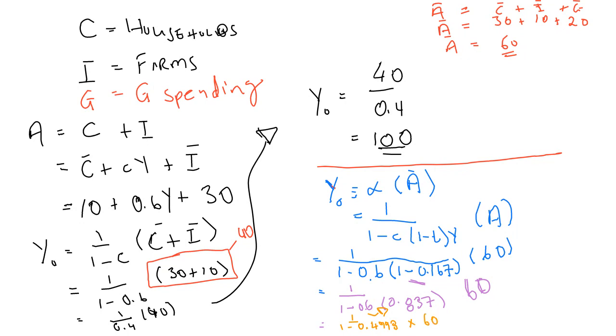Now remember, in this case, guys, what we end up doing is that we take this and we put it to 2 decimal figures. And I'm just going to clean the board. It's getting a bit small. So we had 1 over, and this was the equilibrium level of income, Y equals 1 over 1 minus 0.4998 times 60. Now all we do here, guys, is that we just basically round this up.